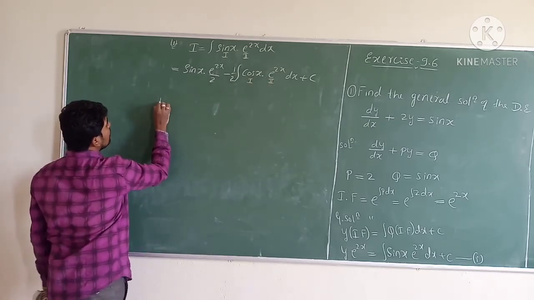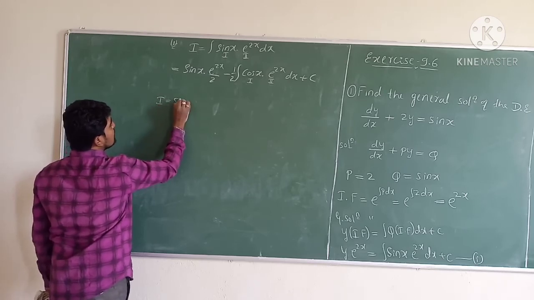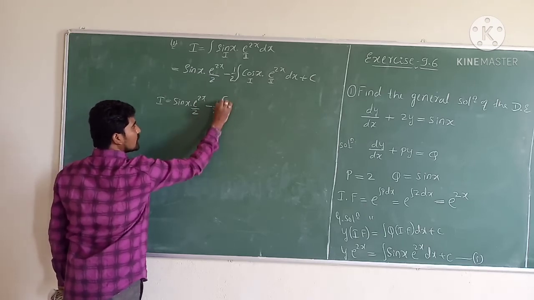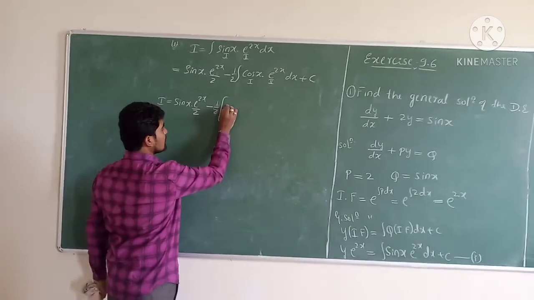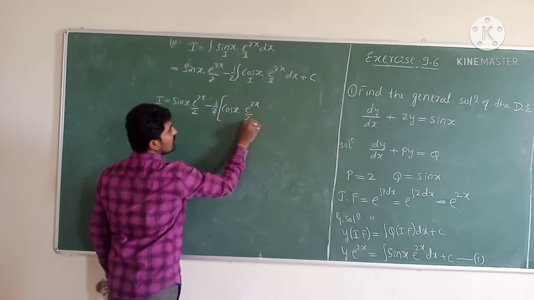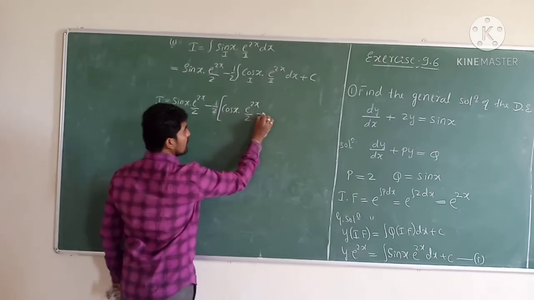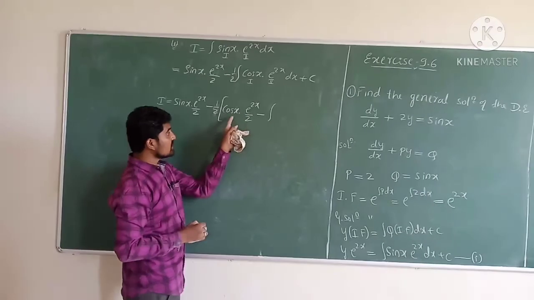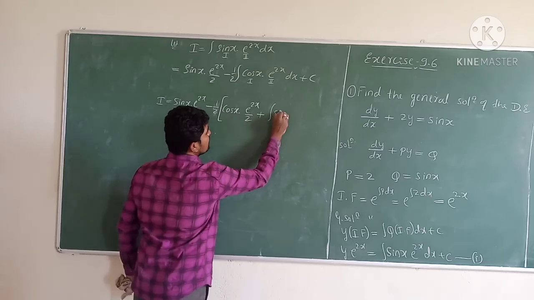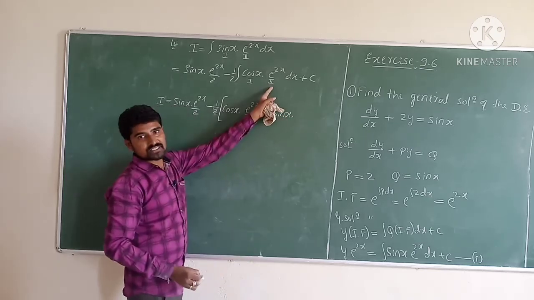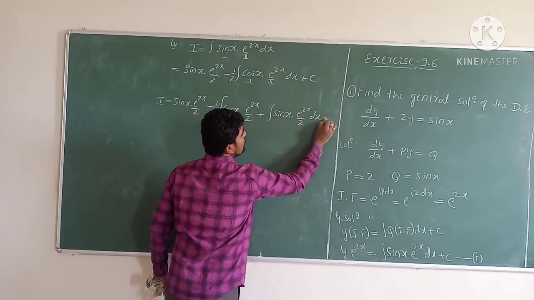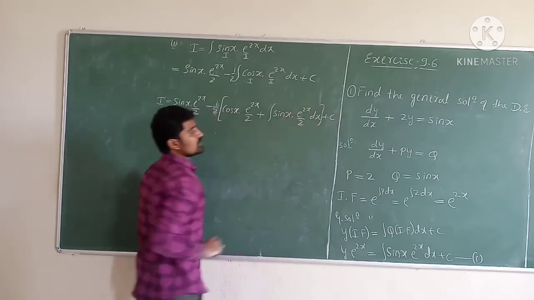Therefore, the value of I is equal to sin x into e power 2x divided by 2, minus 1 by 2 into, first function cos x as it is into integration of second function e power 2x divided by 2, minus integration of differentiation of cos x, which is minus sin x, minus into minus plus sin x, into integration of second function, e power 2x divided by 2, with respect to x plus c.